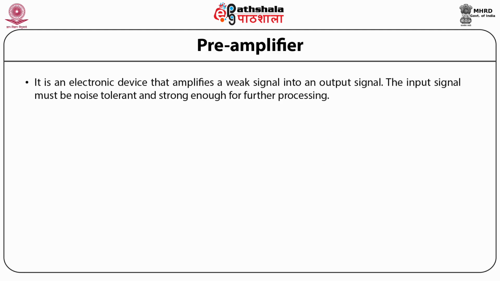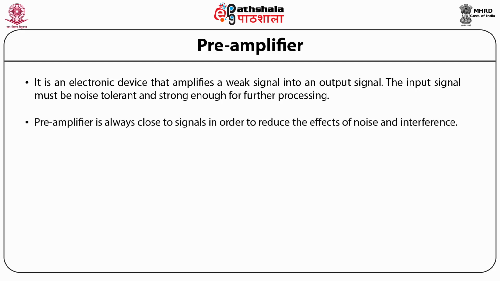It is again an electronic device that amplifies a weak signal into an output signal. The input signal must be noise tolerant and strong enough for further processing. The preamplifier is always close to the signal source in order to reduce the effects of noise and interference. An ideal preamplifier will always have the following characteristics.